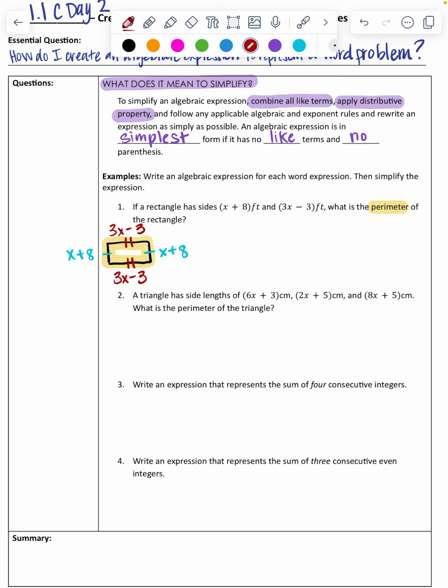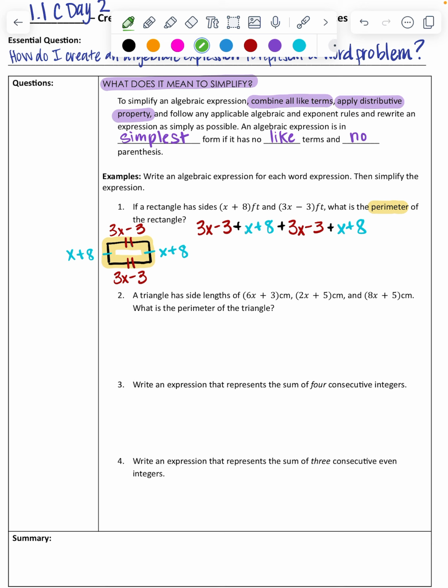I would say 3x minus 3 plus x plus 8 plus 3x minus 3 plus x plus 8. And that would be the perimeter of this rectangle. Now that I've written this whole thing out, I don't have any parentheses to eliminate in this example, so I'm just going to combine like terms.